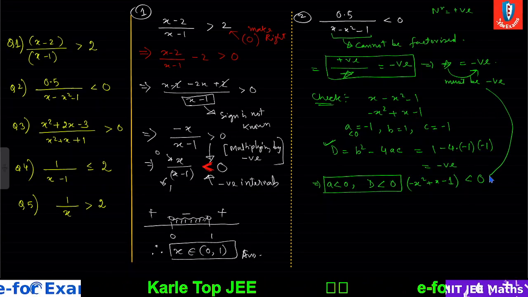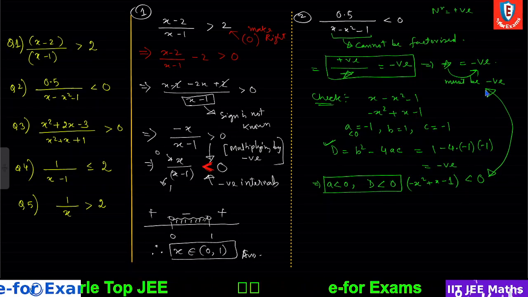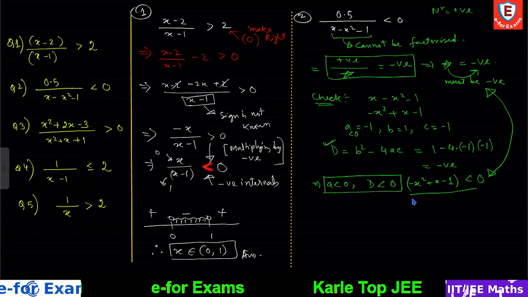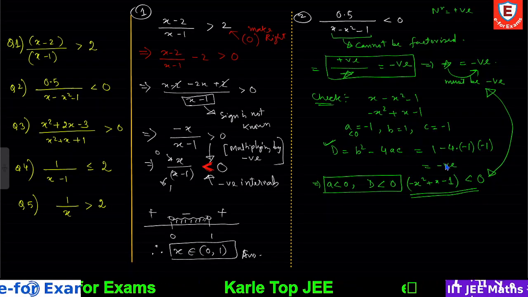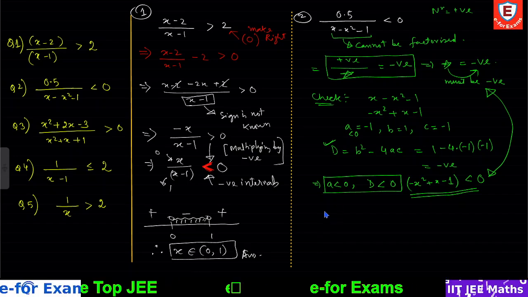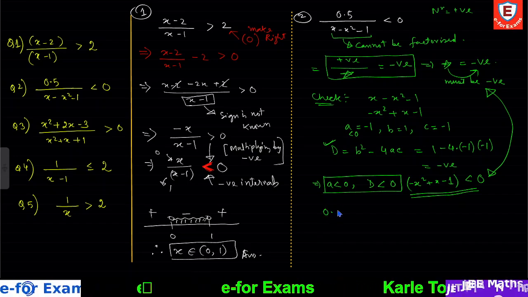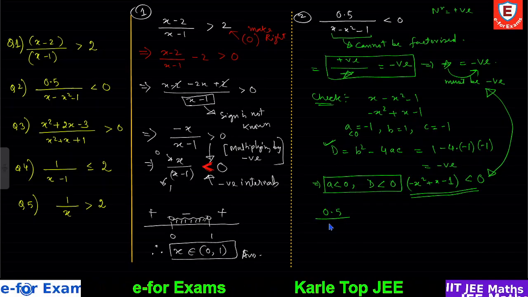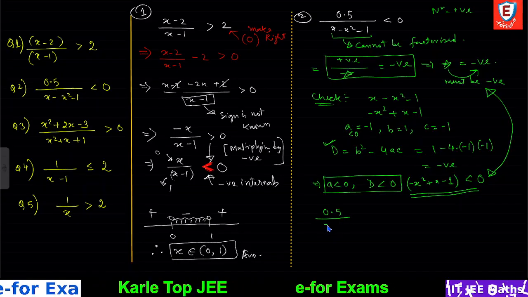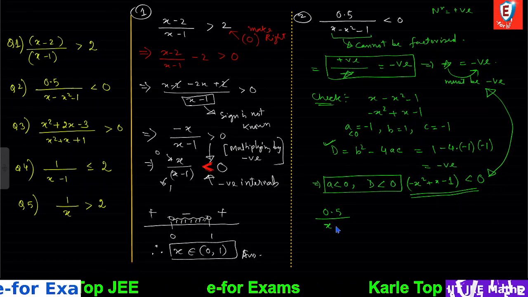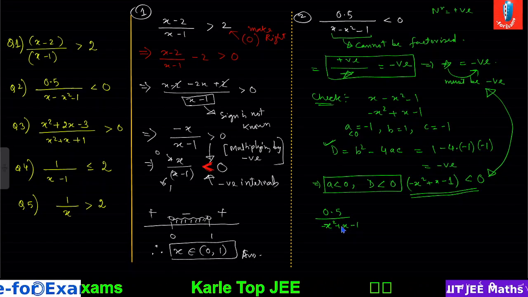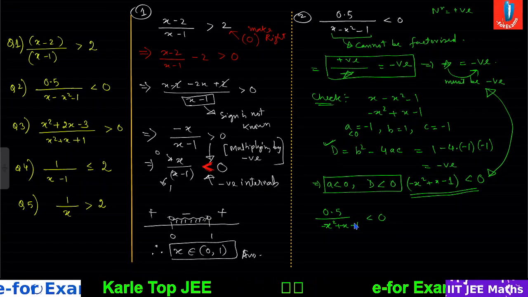So these two are in sync with each other, right? The star must be negative, and by the discriminant and coefficient of a, we know that the function is negative. So it is true. 0.5 by x minus x square plus x minus 1 is less than 0.